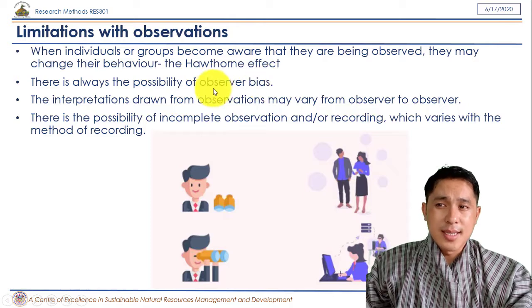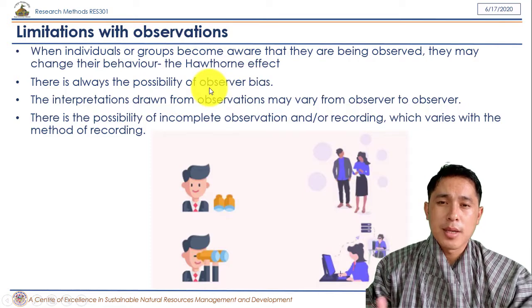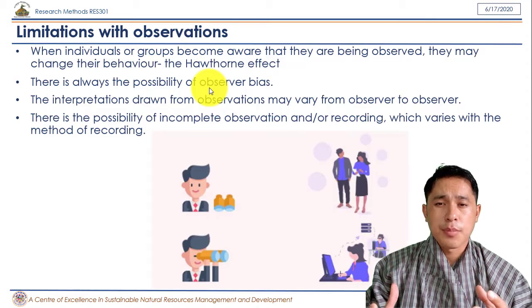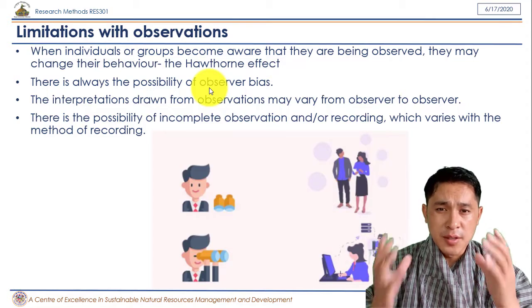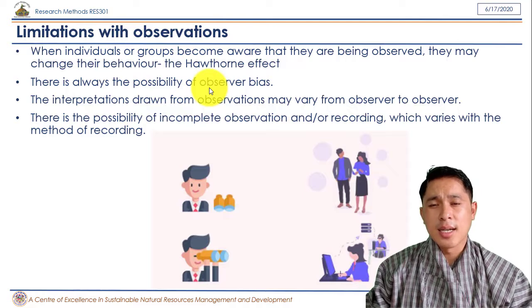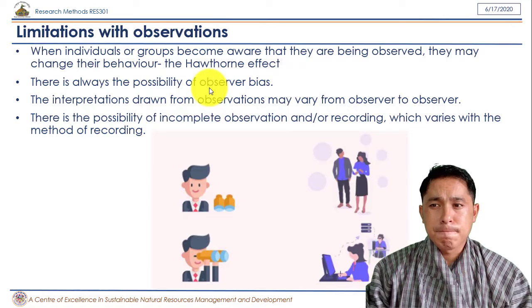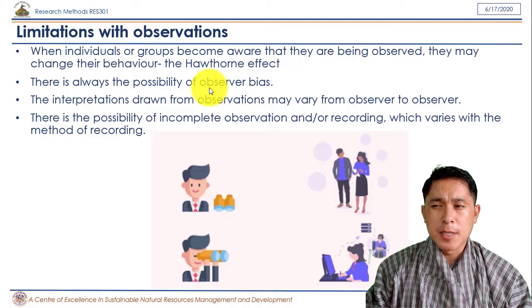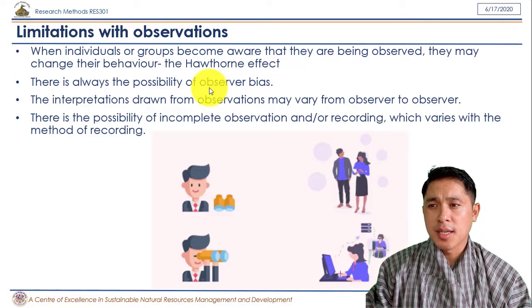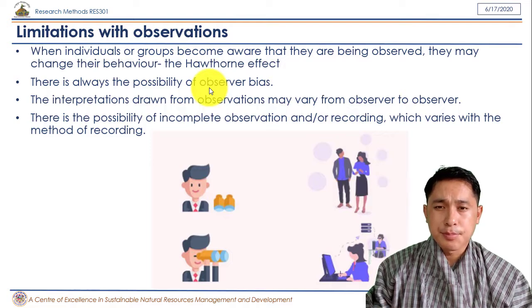The observer bias is another limitation, because observation is totally dependent on the observer or the researcher who is observing that interaction or phenomenon, and no respondents can express their perspective on the topic.